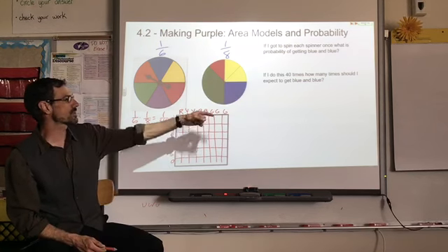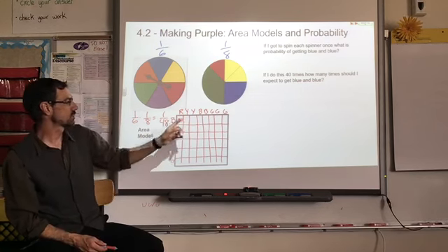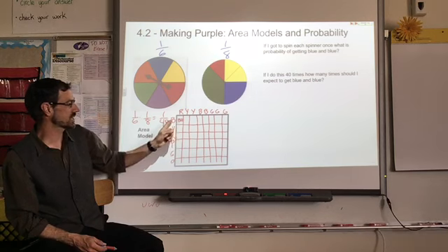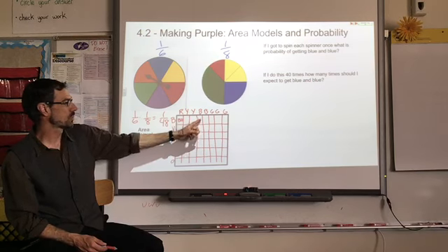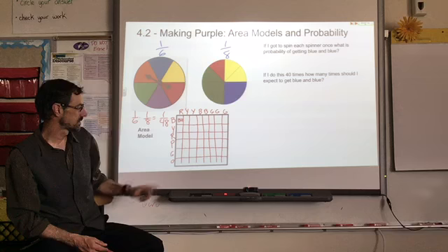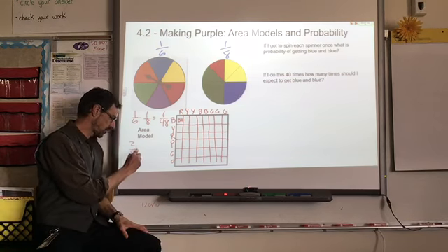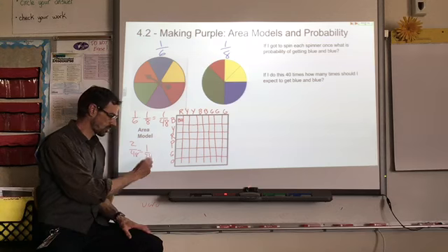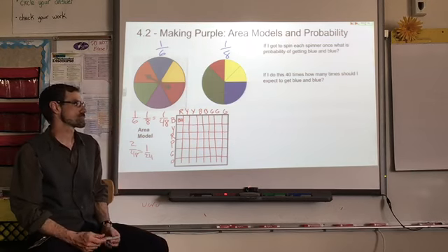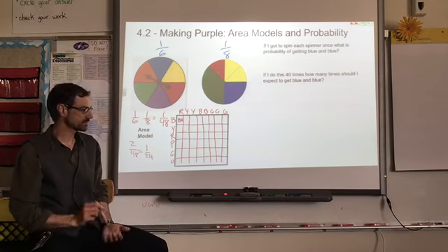And other areas are represented differently. Whereas I could find how many options do I get blue, blue? Well, there's one here, one there, and that would be it. So that would be 2 out of 48, or a 1/24th probability. 1 out of 24.